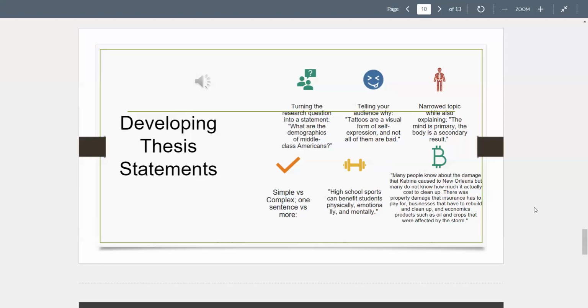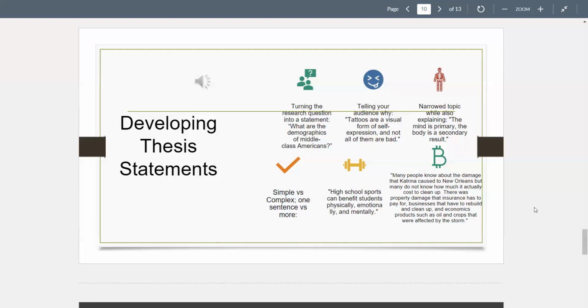The first sentence says, "Many people know about the damage that Katrina caused to New Orleans, but many do not know how much it actually cost to clean up." So from that sentence, I know that their first goal of the paper is to take what people already know and contradict what they know and give us new information, specifically in the area of the cost to clean up.